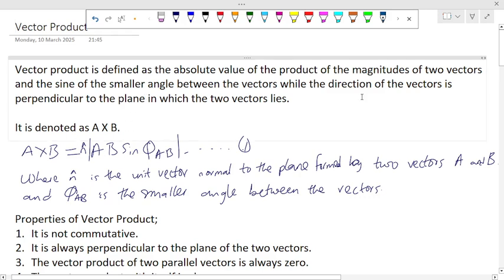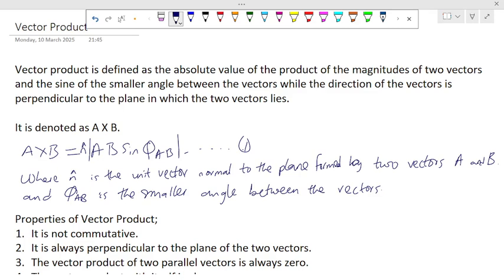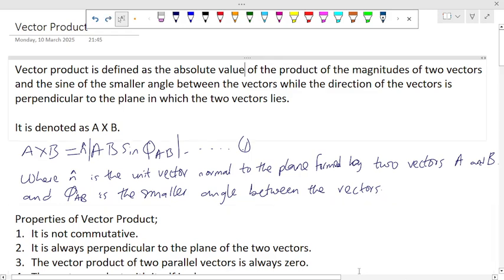Now, one key thing I want you to bear in mind is this guy, absolute value. Whenever the word absolute shows up, most times this sign should come to your mind, two parallel lines like this. So what is being said in the definition is that it is the absolute value of the product.